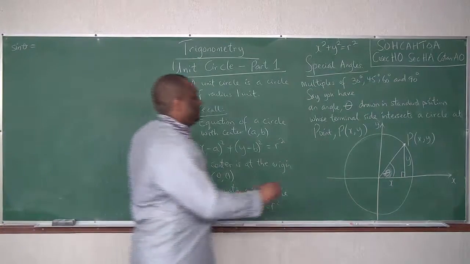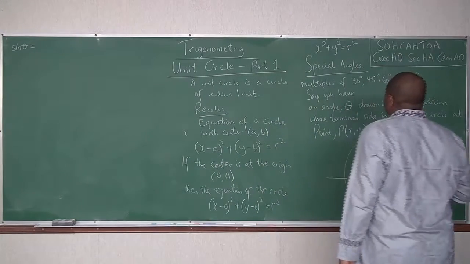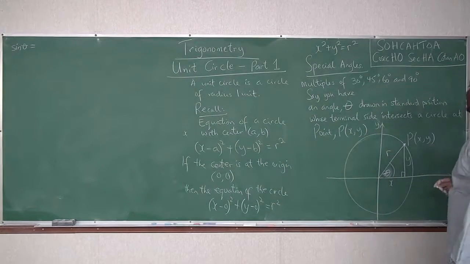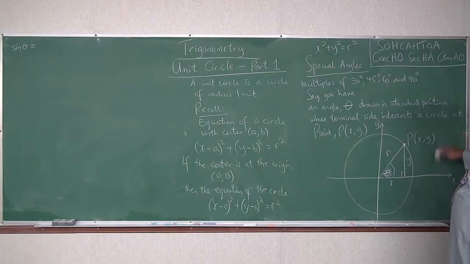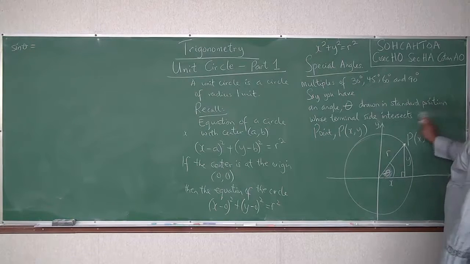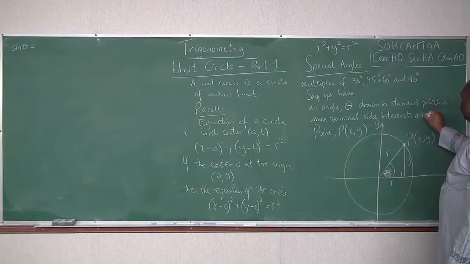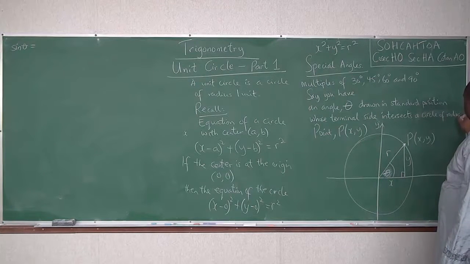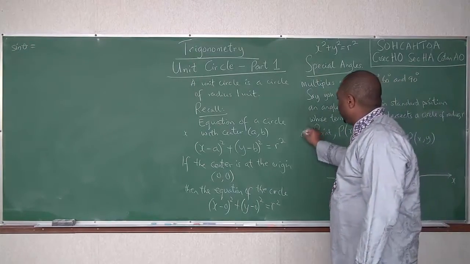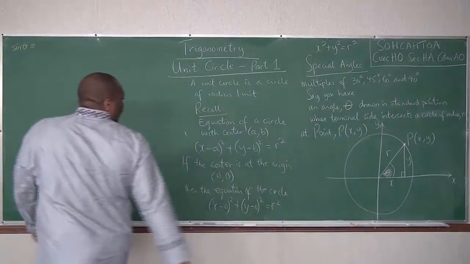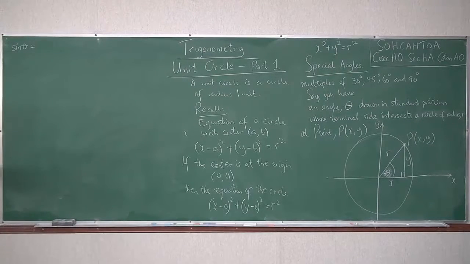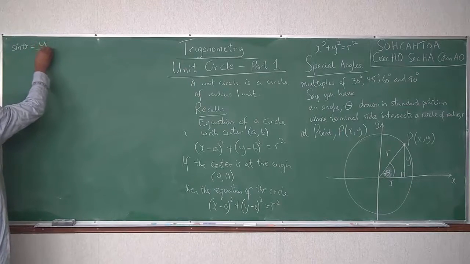Now this is still r, radius r, intersecting a circle of radius r, small r, at point P. So sine theta will be opposite over hypotenuse, which is y over r.